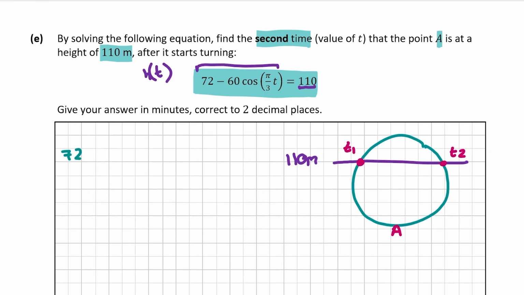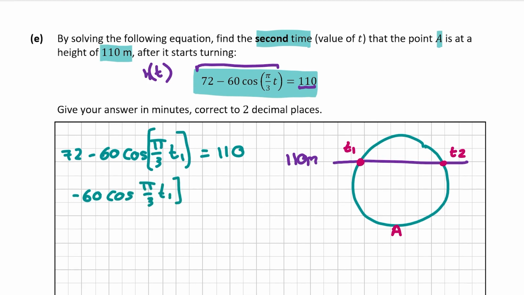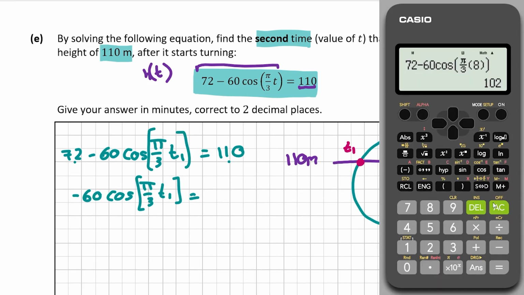So we have 72 minus 60 cos pi over 3 t1, I'm going to write it as t1 just to help myself remember, is equal to 110. So minus 60 cos pi over 3 t1 is equal to 110 minus 72, and that is 38.